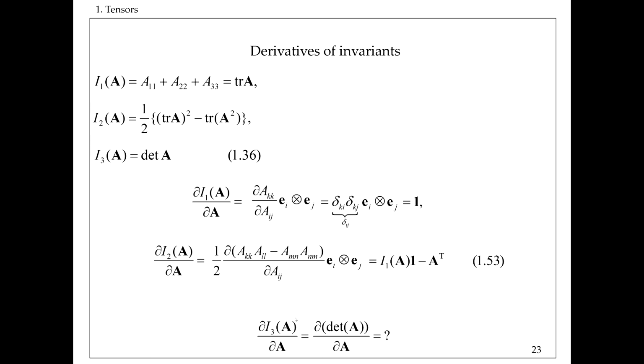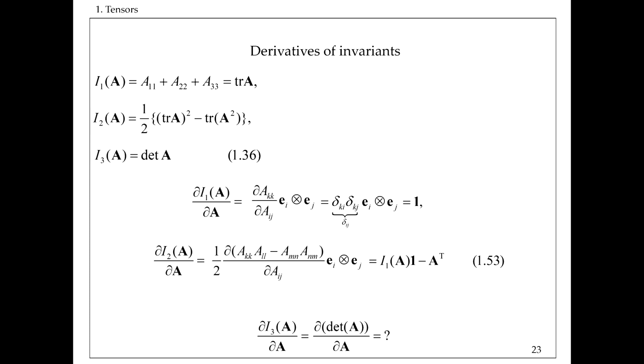Still, it's an important quantity that we'll encounter many times, and so we do need to find a way to calculate the derivative of the third invariant, the determinant of a second order tensor, with respect to the same second order tensor.